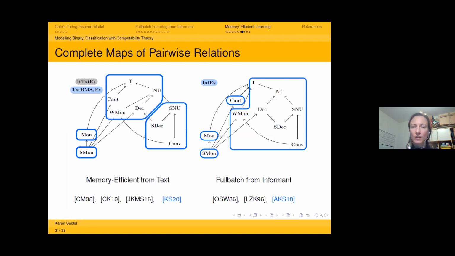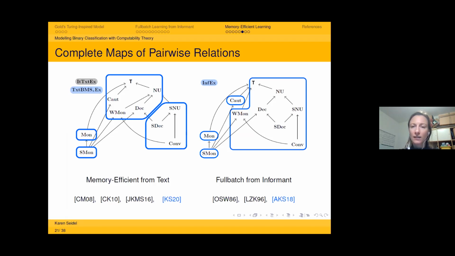So one of the most important results I mentioned, namely showing that without any restrictions it was already known, but we showed also for all the semantic delayable restrictions that these two models actually are equally powerful. So for all but SNU, SDEC, and conservativeness, indeed, we can use the results that have been shown for iterative learning from text.